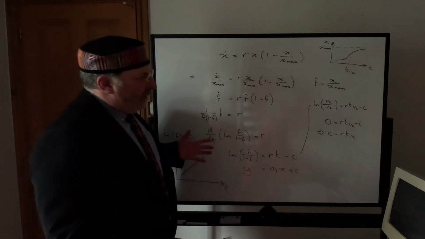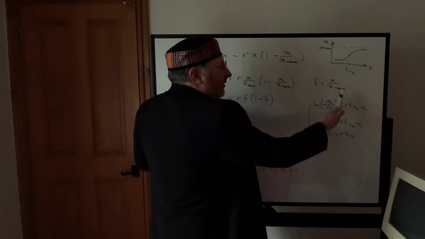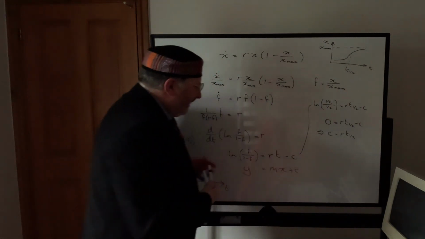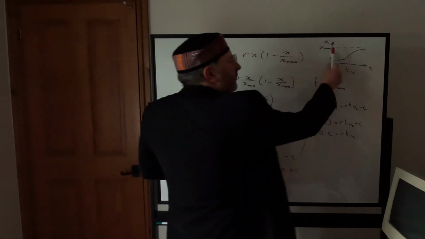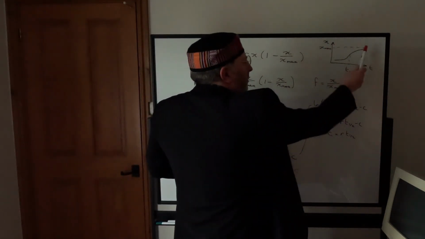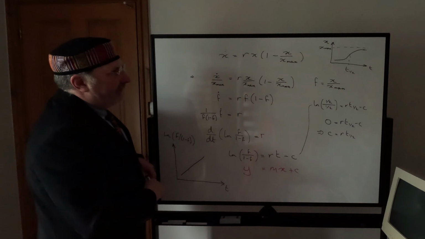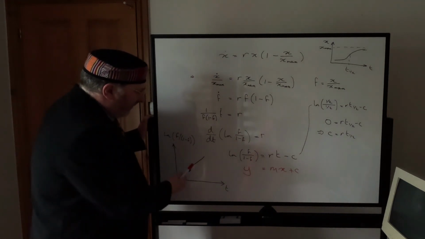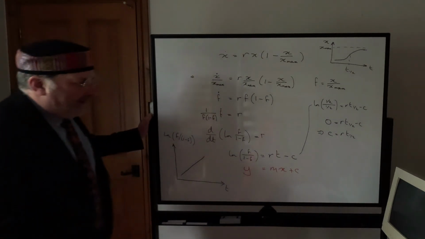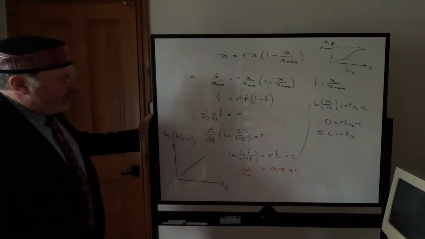More sophisticated, you could do some statistical fitting to find out what value of x max works best. So we've got to find some way of working out x max. Generally speaking, one can estimate by eye where it's heading to get rough values for f over 1 minus f, and you'll see if it's pretty much along a straight line, then you can believe that you're looking at something that is genuinely logistic.